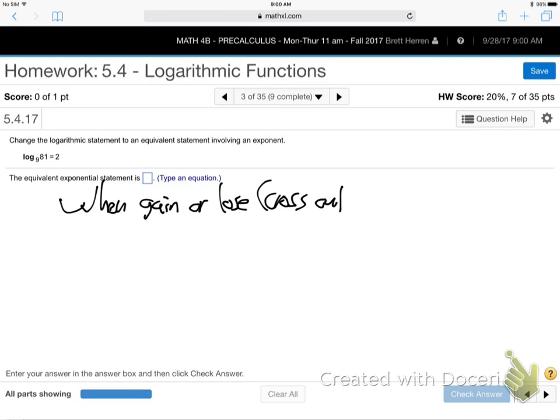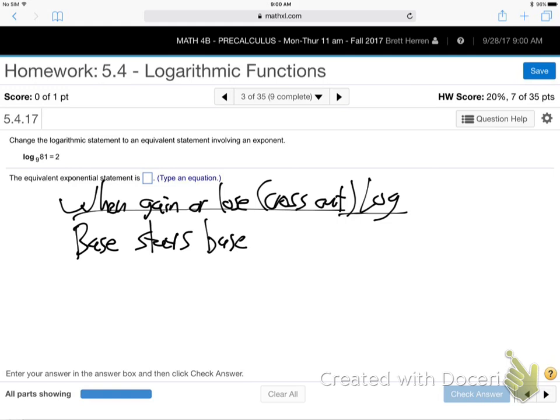If there's a log there and you cross it out, or if there's not a log and you bring it in, you're changing languages into or out of the log language. Either way, gain or lose a log, the base stays the base. The other two switch. I'll say that a lot today in these next hour and 50 minutes. The base stays the base, the other two switch.